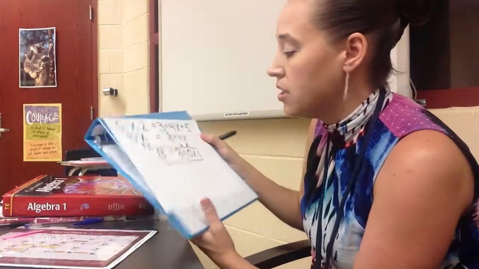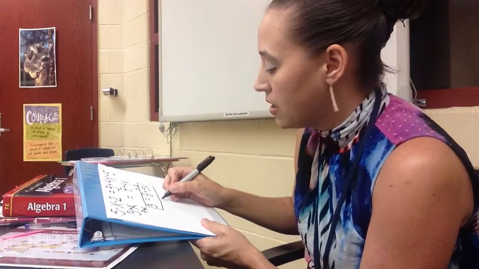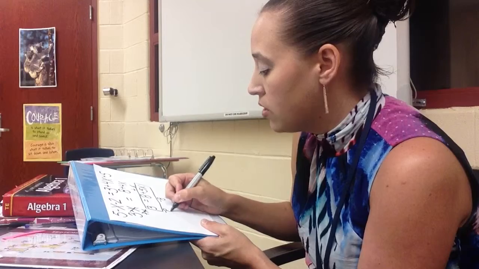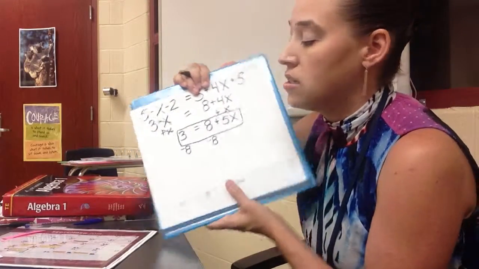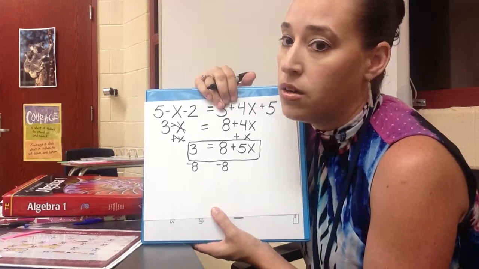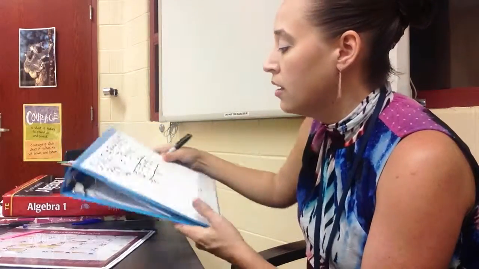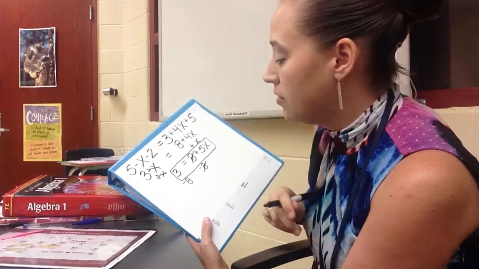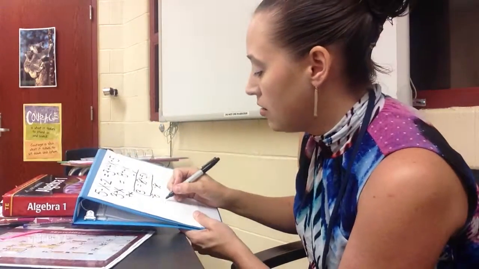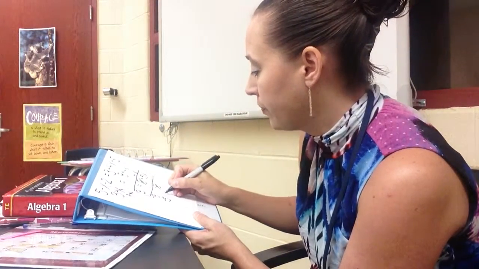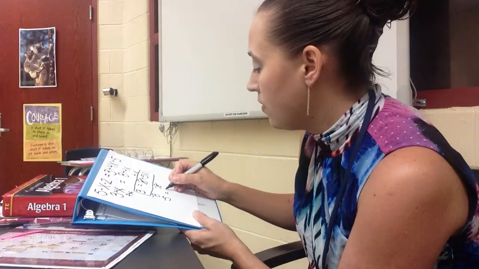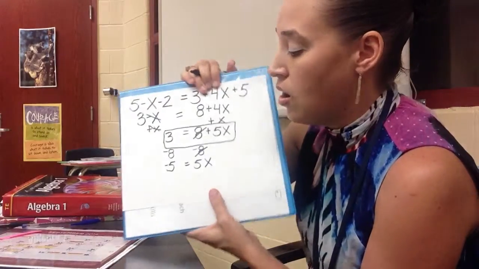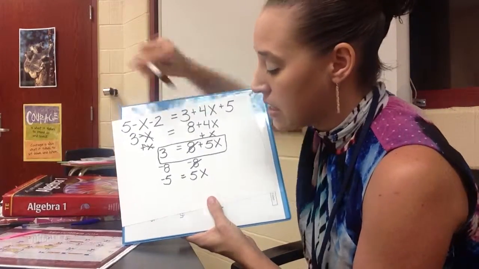So this is what I would do. I would subtract 8 from both sides, because whatever you do to one side, you must do to the other, okay? You have to balance both sides. So when I subtract 8 from this side, it zeroes it out. When I subtract 8 from this side, it gives me a -5. So now I have -5 equals 5x. Again though, ideally, what is my goal? I'm trying to get x by itself.